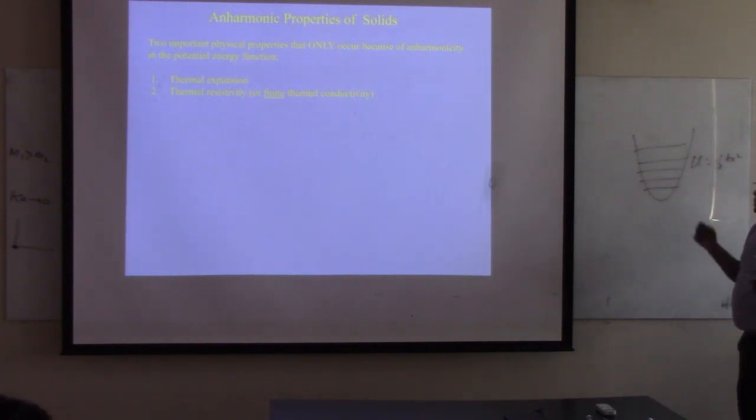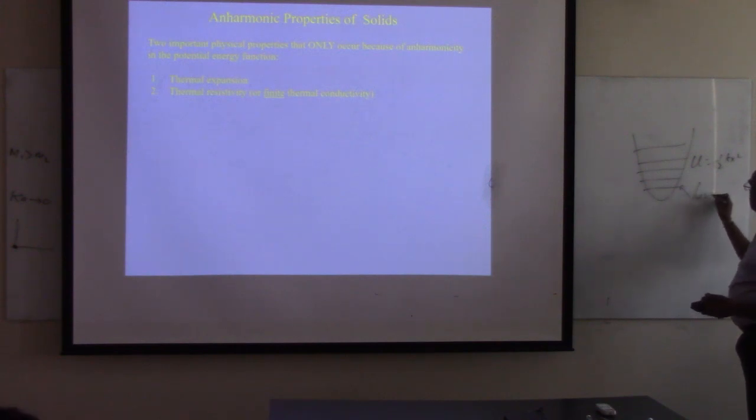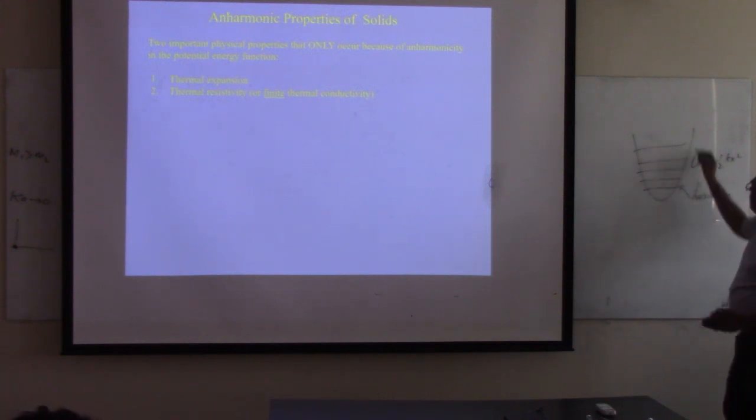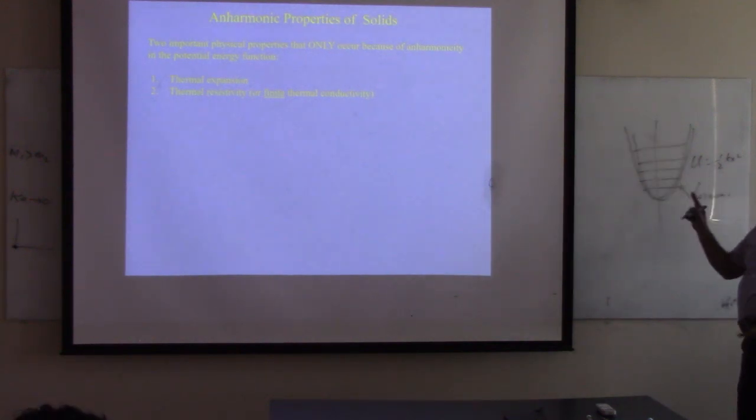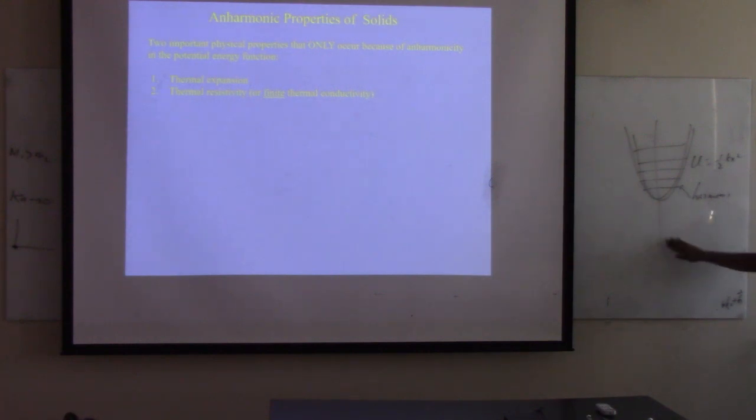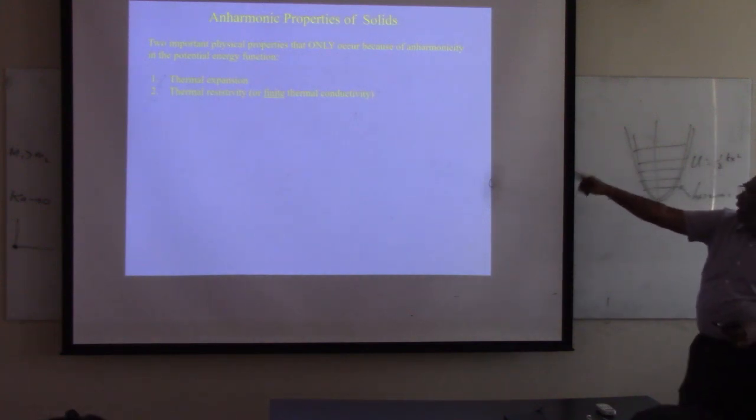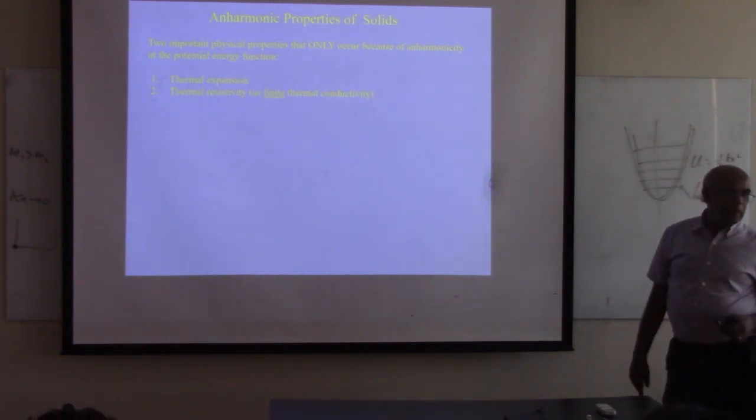So we call this harmonic. Harmonic means it is very symmetrical from both ends, right? But there are two things you cannot explain assuming a perfect harmonic oscillator. One is the thermal expansion, the other one is the thermal conductivity.